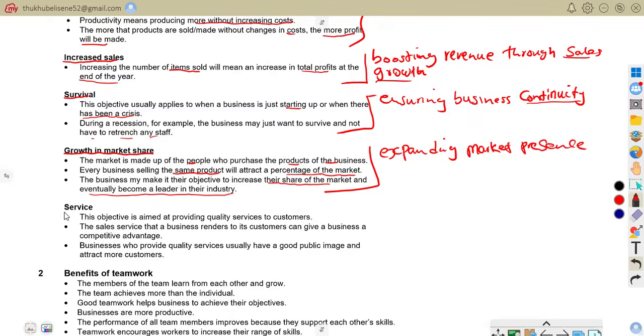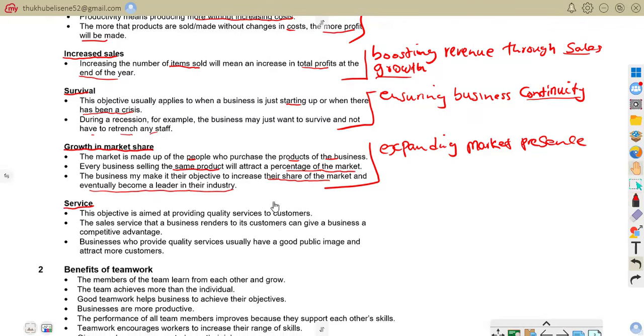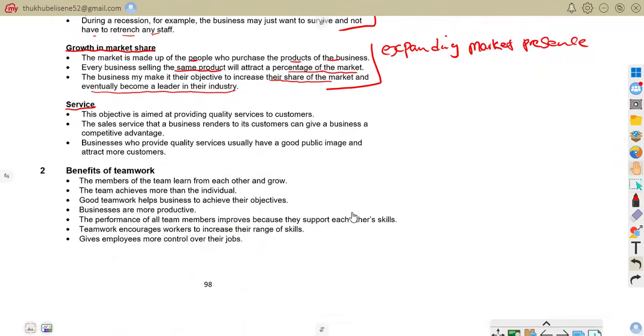Now we come to service. So with service now, we are trying to talk about providing excellent customer experience.